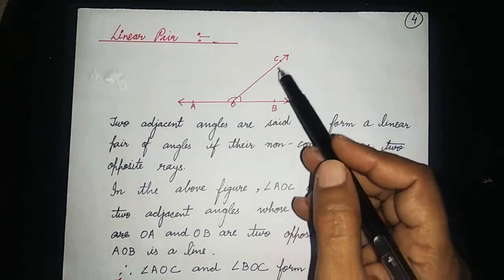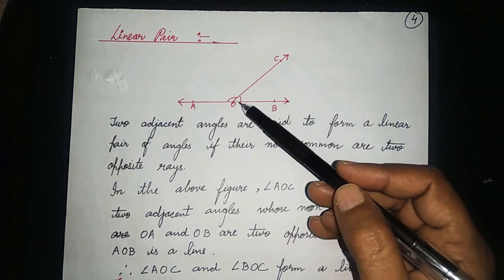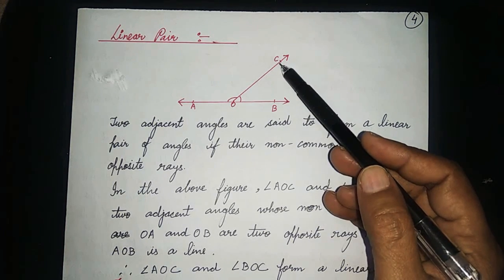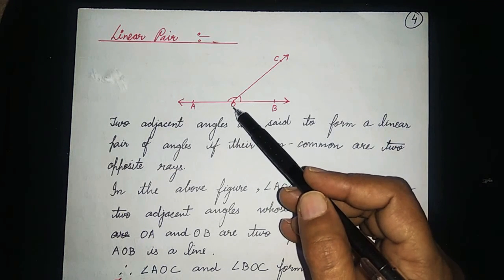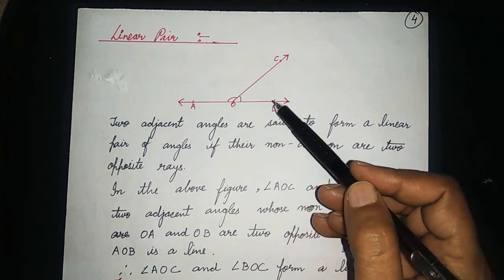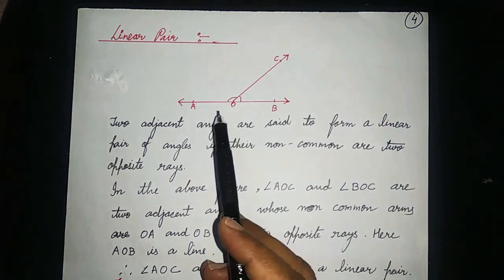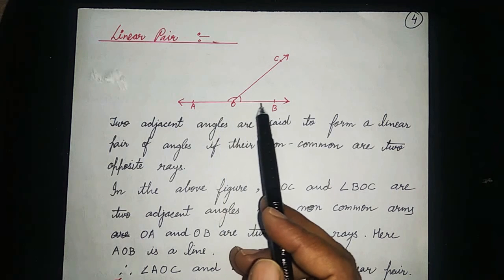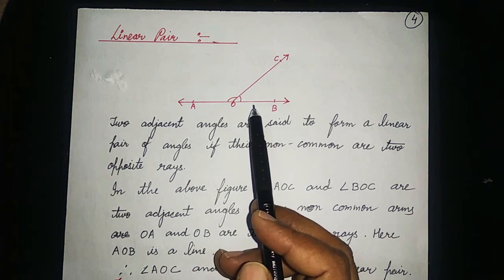They both are adjacent angles and their common arm is OC and their non-common arms are OA and OB. And one more thing you can see, rays OA and OB, they both are opposite to each other.